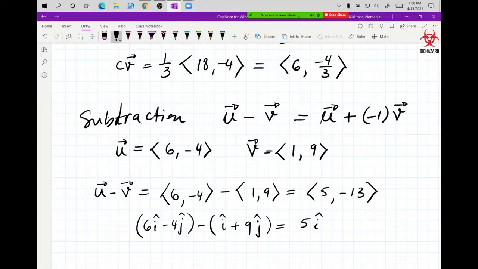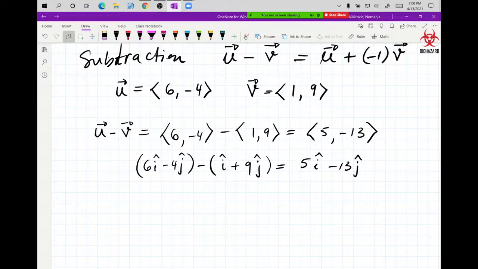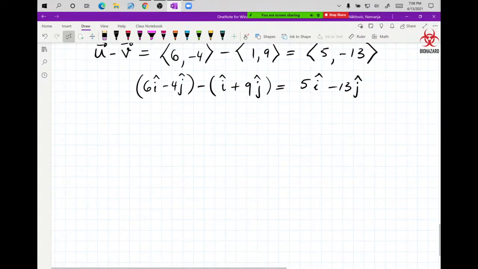And then minus 4 minus 9 is minus 13j. Obviously same answer as up there. But now, when we do the graphical approach to this subtraction, it will hopefully become clear.